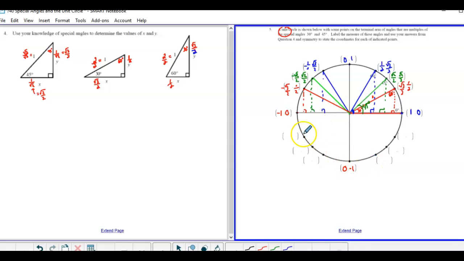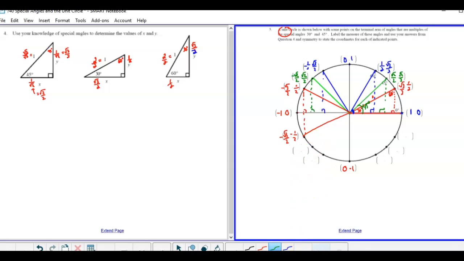Okay, and then all of these are going to be reflections as well. So this first one here, I'm just going to freehand it. If we look at that, it's going to have the same x value as the one above, and it's going to have the reflected y value, so -1/2.